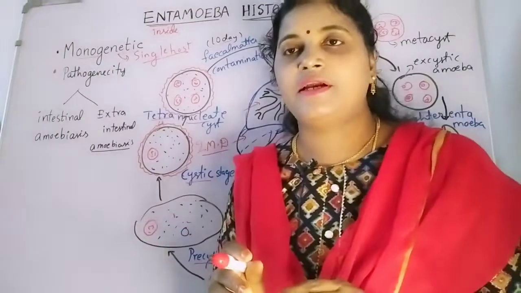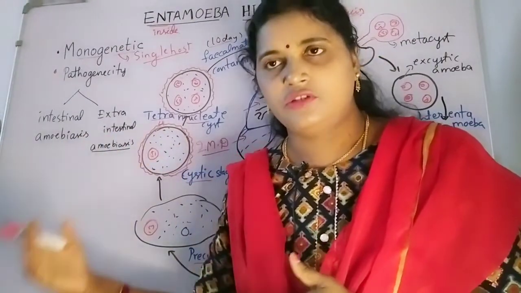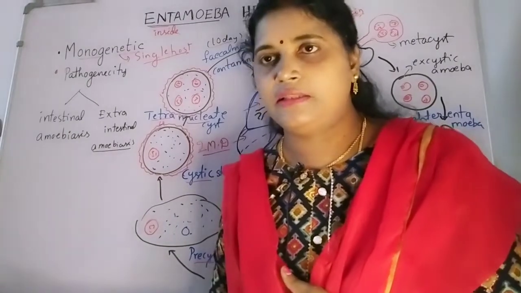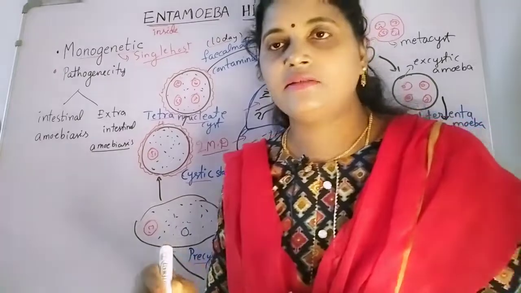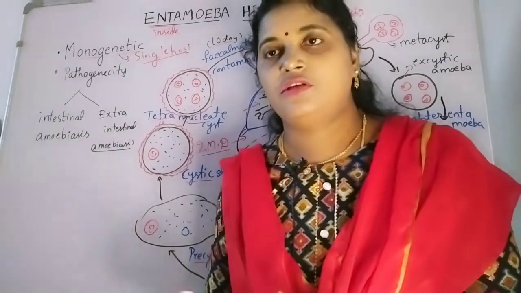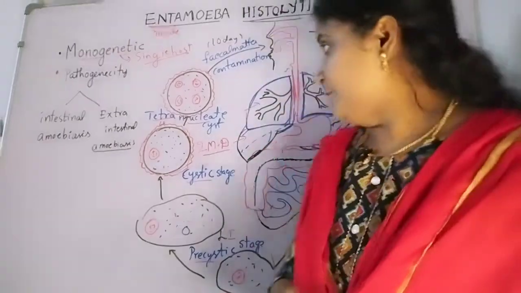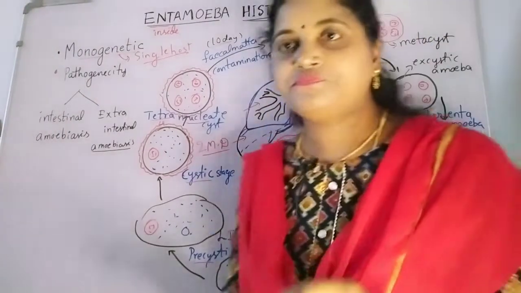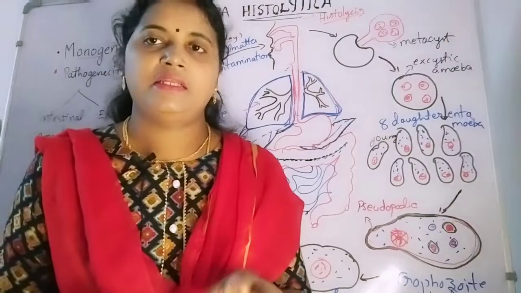In the fecal matter, it survives about 10 days. Within 10 days it has to reach another healthy human host. If it does not get any host, it will definitely die.